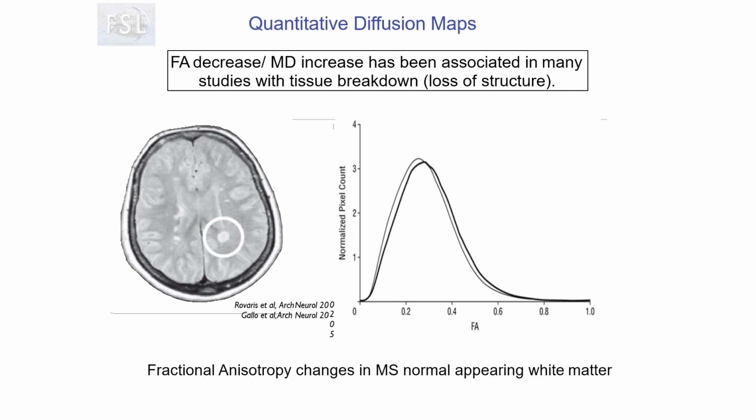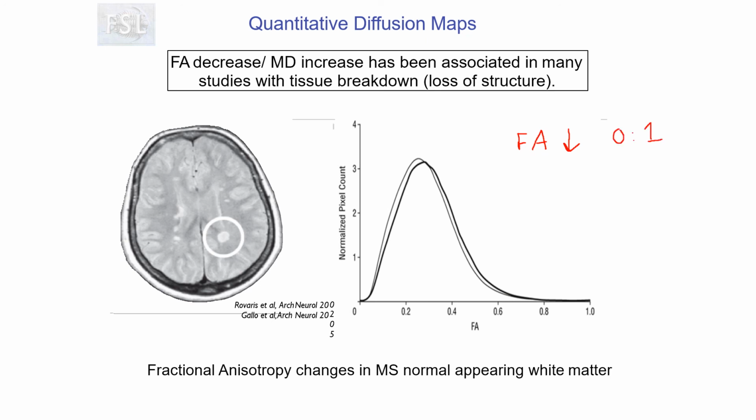Fractional anisotropy will decrease in some cases, and when it does, there's typically a mean diffusivity increase. So again, if FA decreases, FA is a value between 0 and 1.